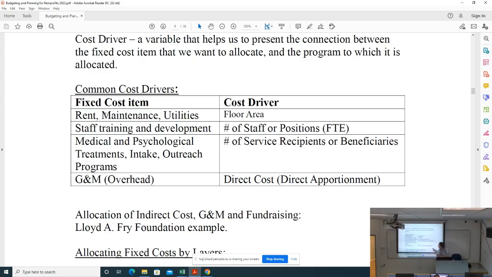Okay? Then there is the last one, which will be our first example, and that is what is called the direct apportionment. That is used in many cases for overhead. Now, the direct apportionment is basically looking at the budget of the program as the cost driver.